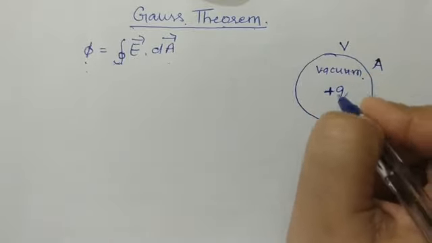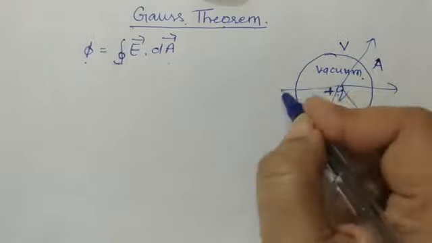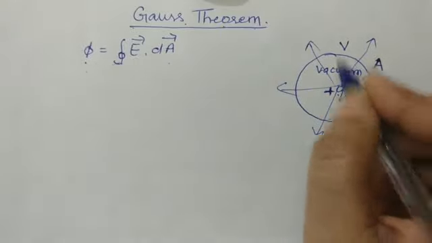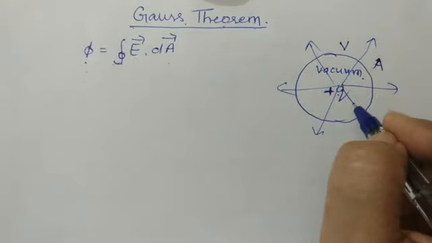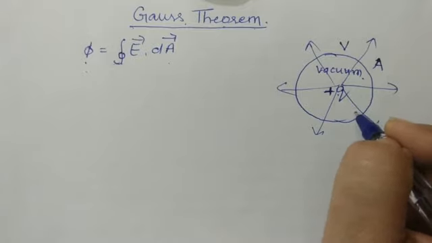If a charge is placed, obviously electric field lines will emerge from it if this is a positive charge.